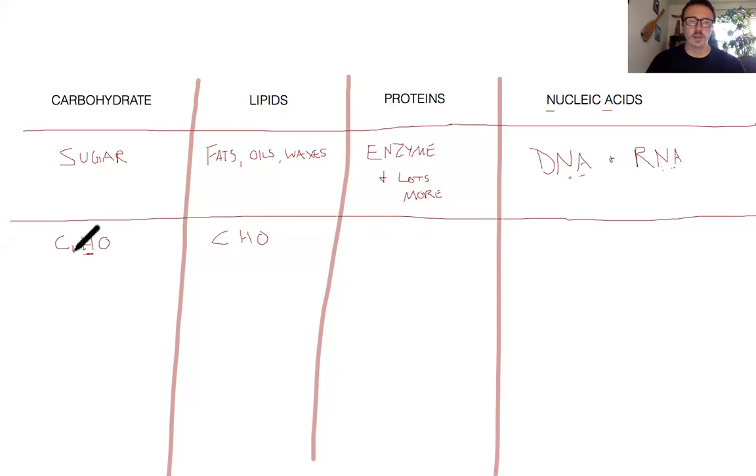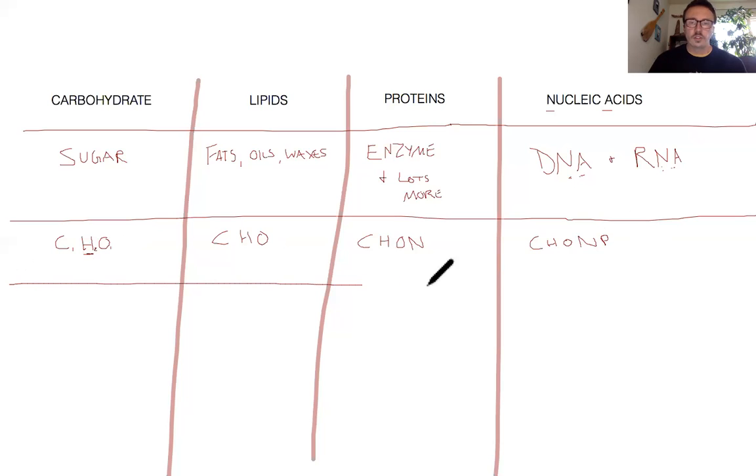It's usually written as a 1 to 2 to 1 ratio. Proteins will have carbon, hydrogen, oxygen, and nitrogen. And then nucleic acids will have carbon, hydrogen, oxygen, nitrogen, and phosphorus, okay?